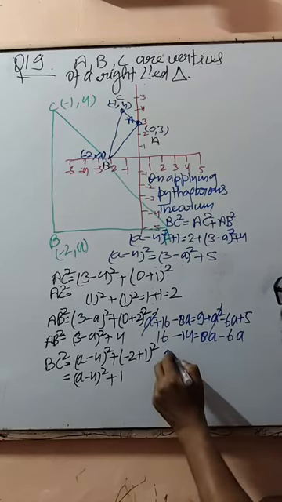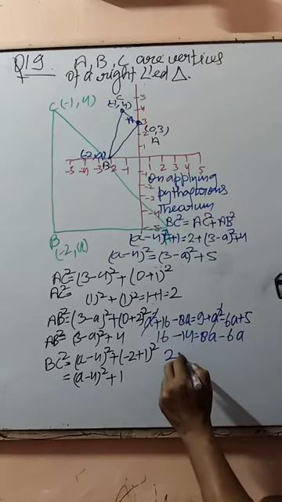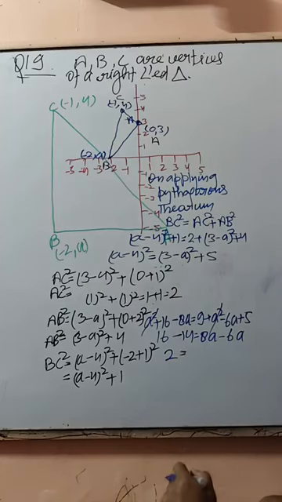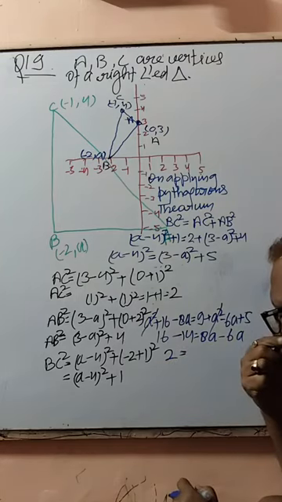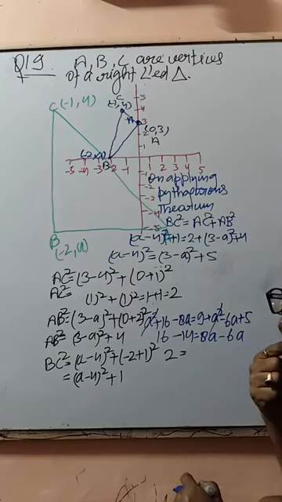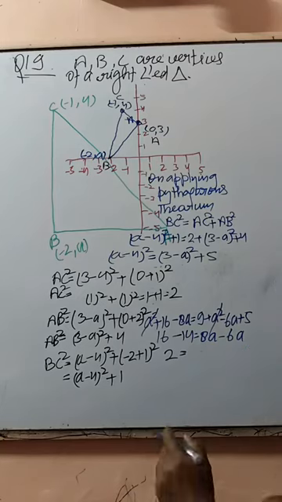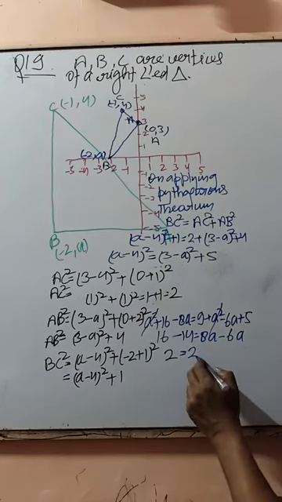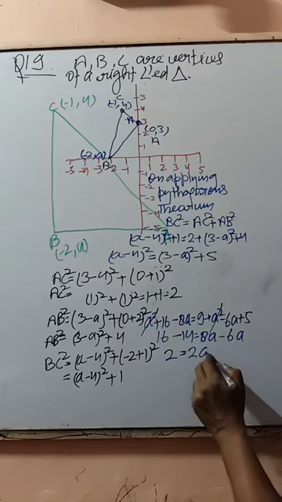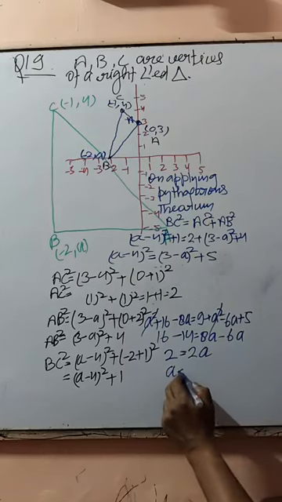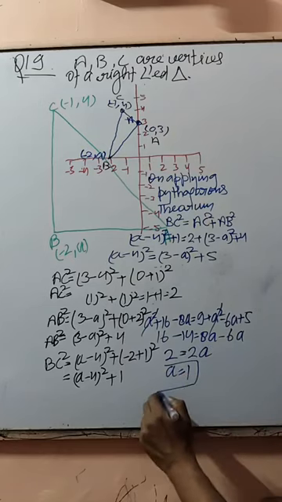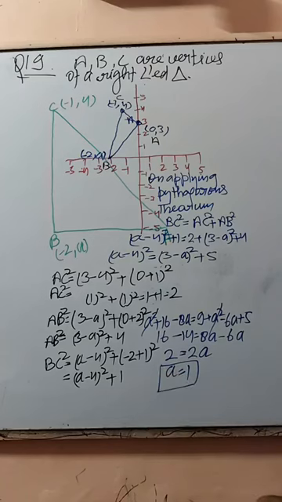So it becomes 2 is equal to 2a. So a is equal to 1. a is equal to 1. What is your solution?